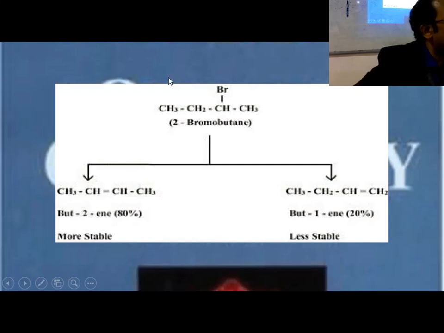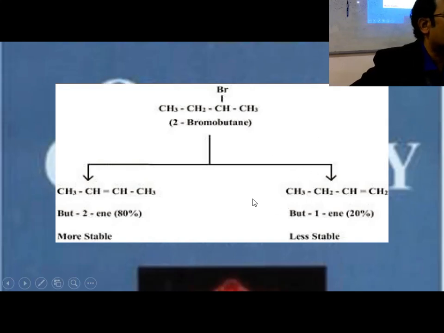So when it follows this thermodynamic rule, it is the Saytzeff product. Sometimes we are getting this type of product more, not in this condition, but in some other condition. In that case, we call it the Hofmann rule. That also happens. But if this is the condition, means you are giving aqueous NaOH medium, then it will give you 80% Saytzeff product and only 20% Hofmann product.